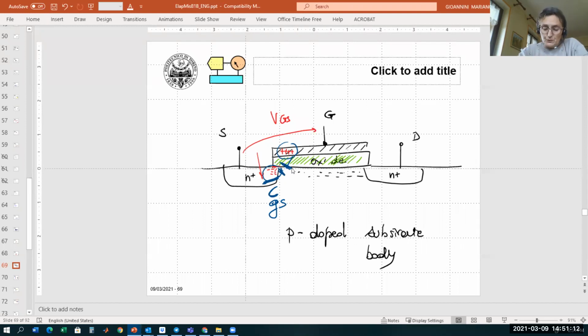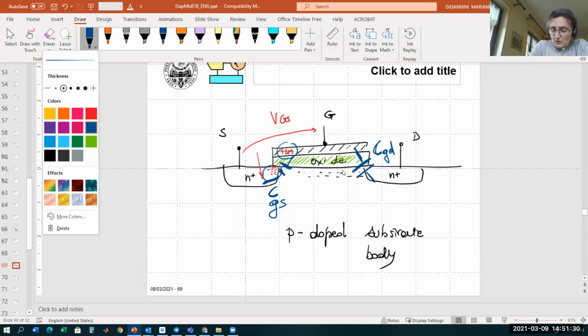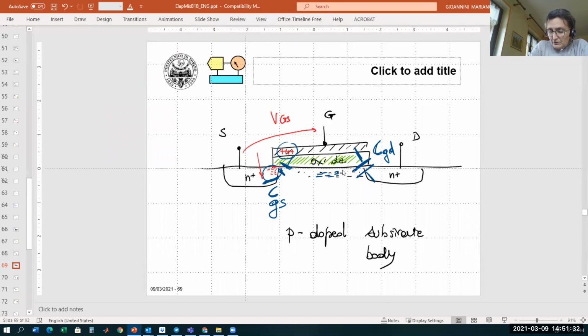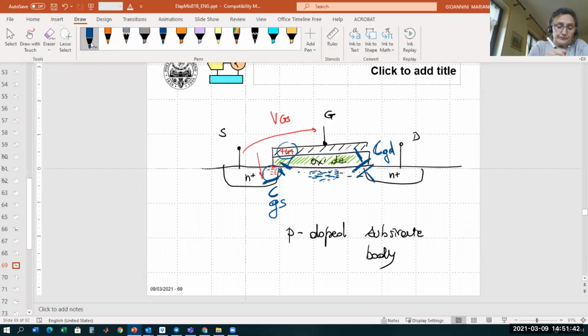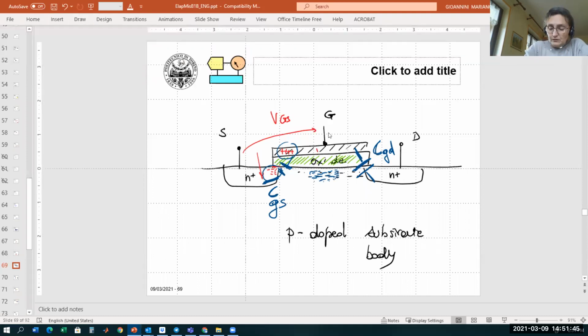And in an analogous way, we can have a capacitance between the gate and the drain. But also, you can see here that you have the accumulation of charges because you have here the channel. So you have the accumulation of electrons, so of minus charges in the channel, the oxide, and the plus charges in the metal.